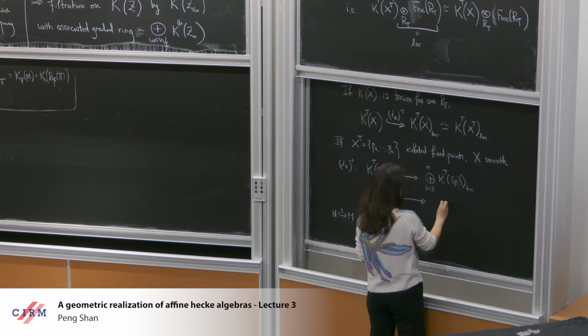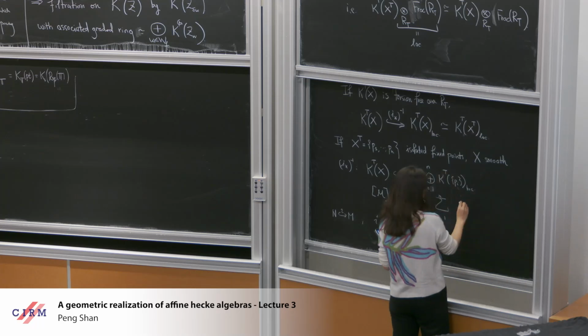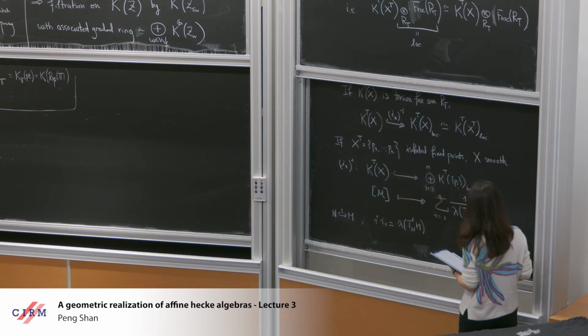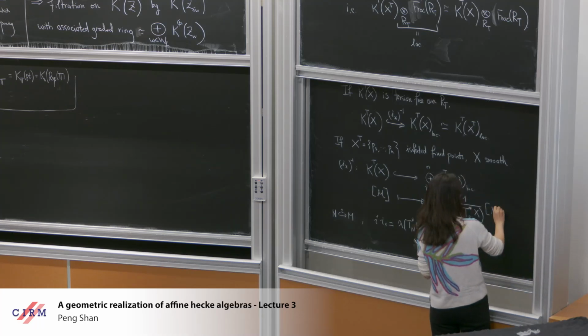And so the image of such an M on the right-hand side is the sum over i from 1 to n of 1 over the Euler class of the cotangent fiber of X at Pi, times the fiber of M at Pi.